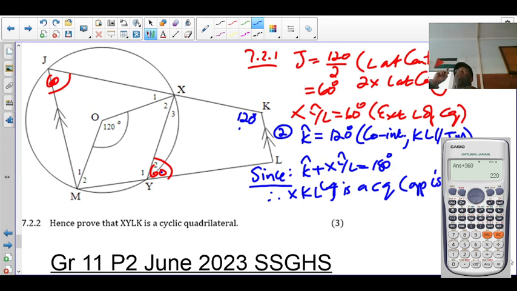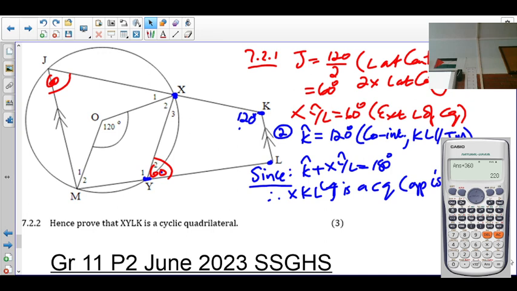If you say converse of opposite angles of a cyclic quad, then you would get the mark as well, but this is sufficient. Opposite angles are supplementary, which means it adds up to 180. Now I'm going to put dots here to indicate that these points form a cyclic quad, where a circle can now be drawn through those points.